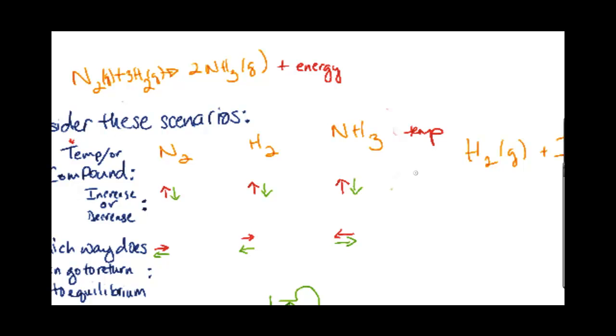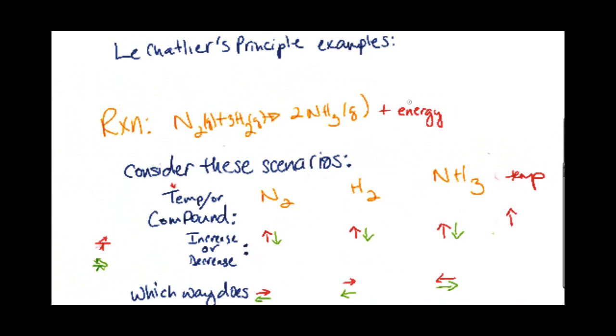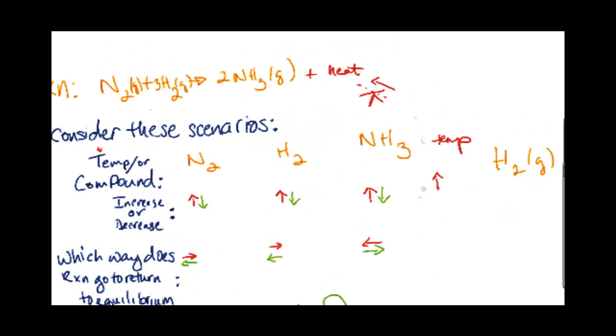If I increase the temperature, what's going to happen? Well, I'm going to have more energy or heat. Let's change this to heat as well. I'm going to have more heat on this side, so it's going to tip the seesaw like this, so then the reaction will need to go to the left to counteract that increase.